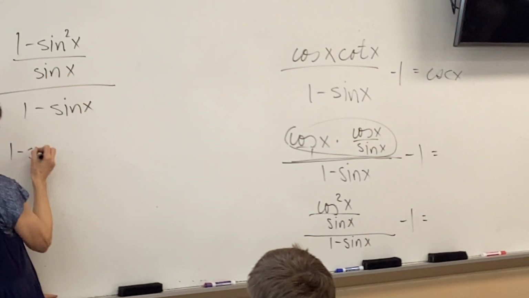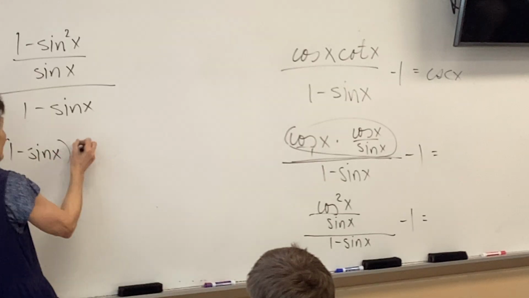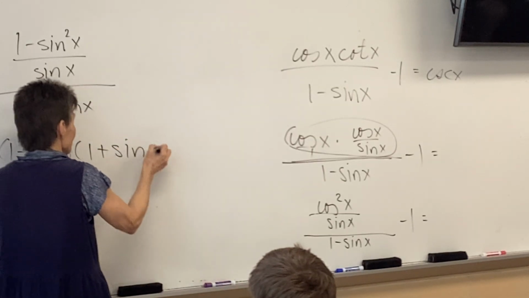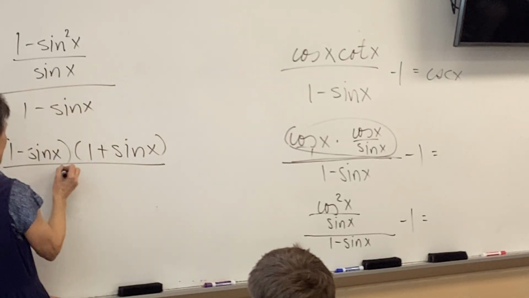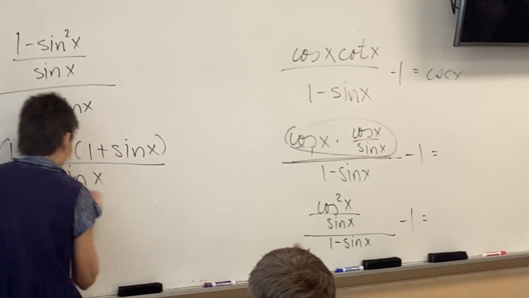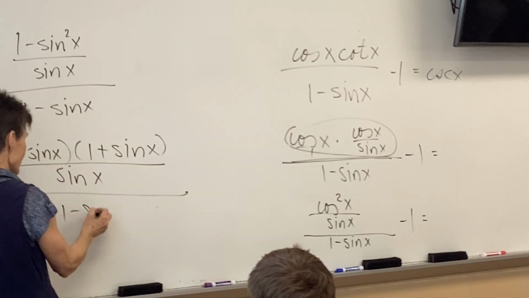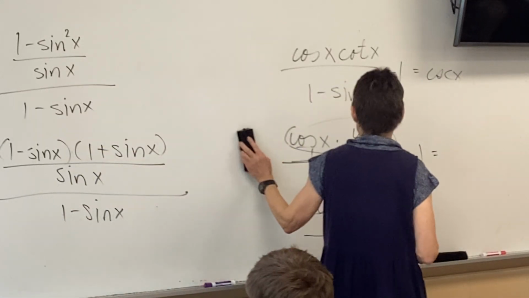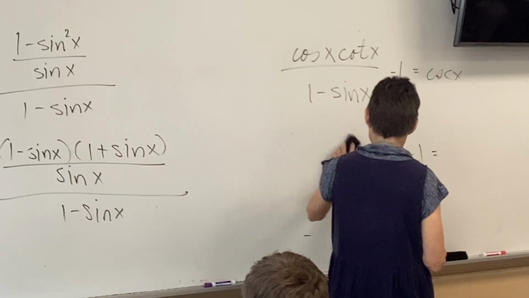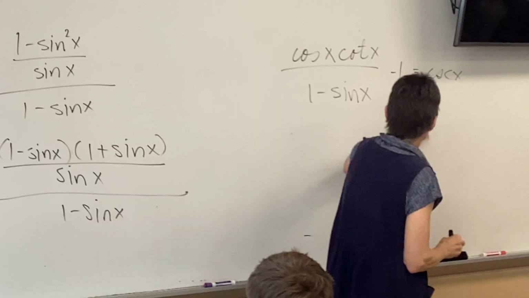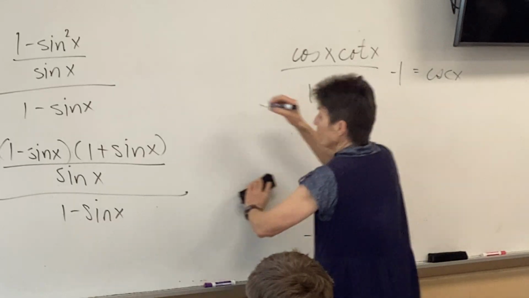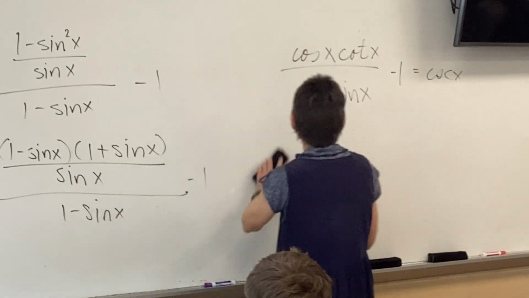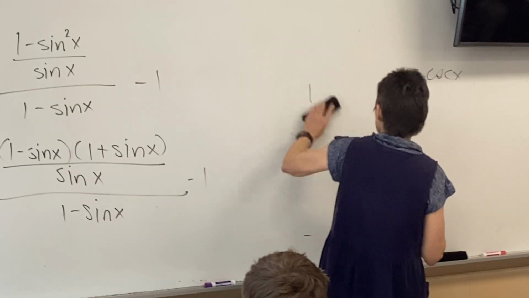So I have 1 minus sine, 1 plus sine, over sine, all over 1 minus sine. We'll leave that there so I can remember. Oh, don't forget, I still have this minus 1. I'm just carrying that minus 1 around.